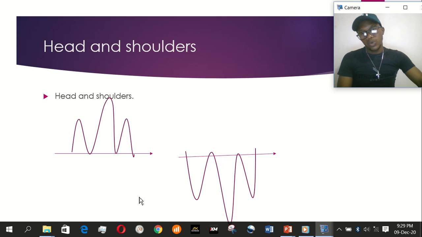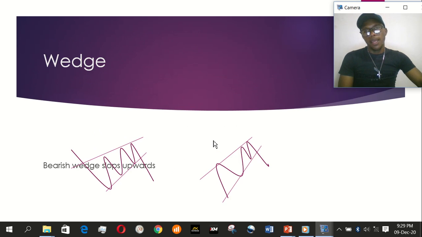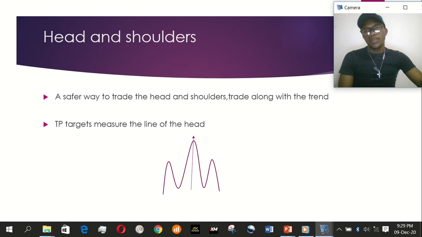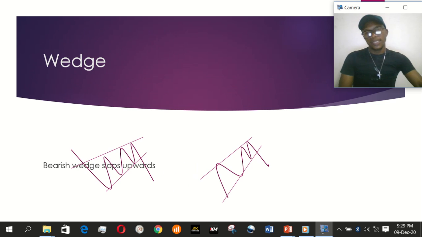That's where we place our take profit. Same thing applies to the inverse head and shoulders. So a safe way to trade the head and shoulders is to trade along the trend. For the TP targets, measure the line of the head, like I've just explained before.